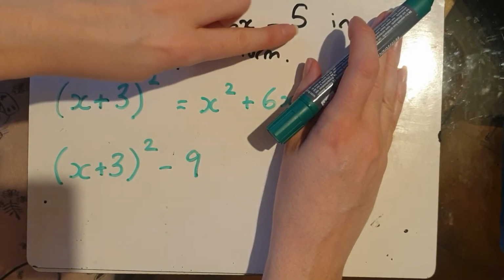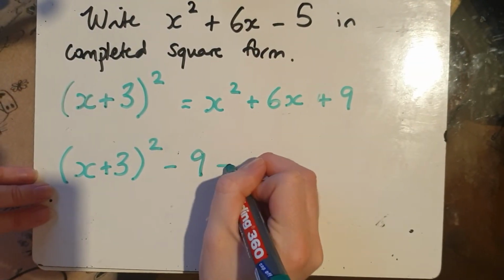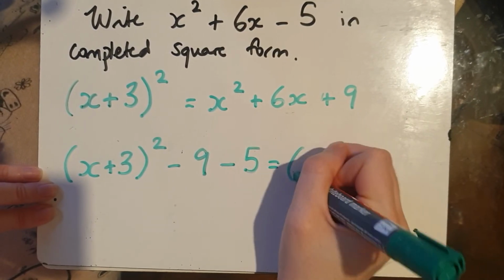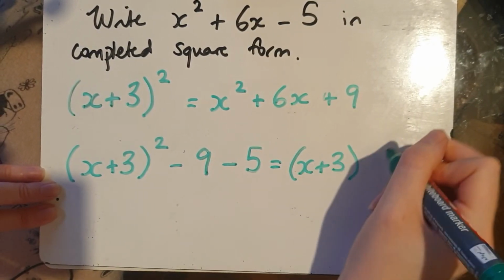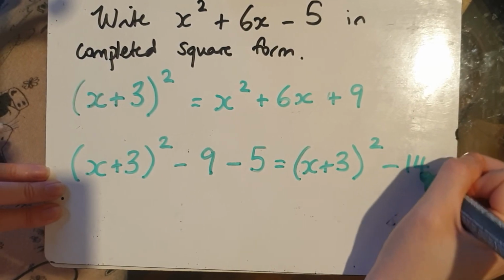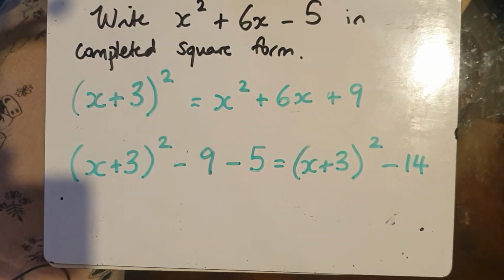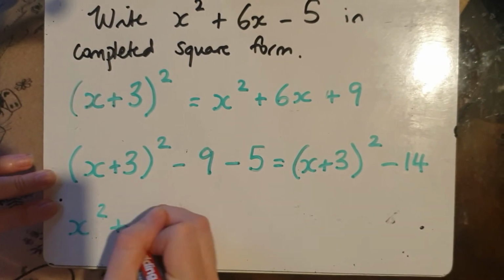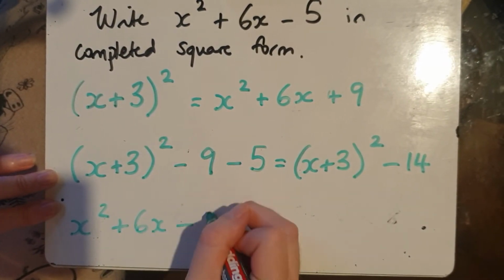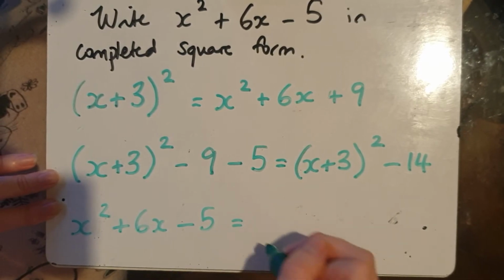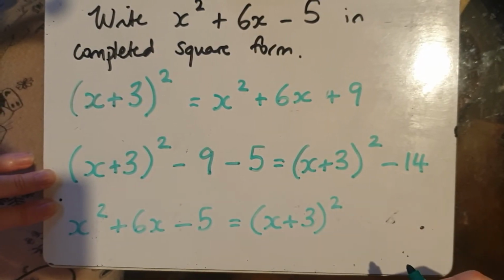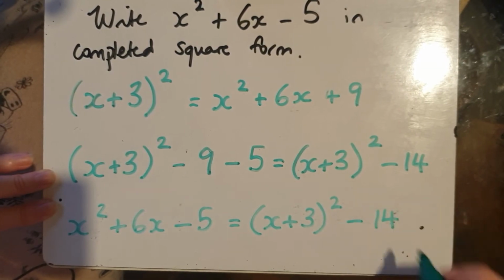And so then to turn it into the full thing, I also minus 5. So in completed the square form, x squared plus 6x minus 5 equals x plus 3 all squared minus 14.